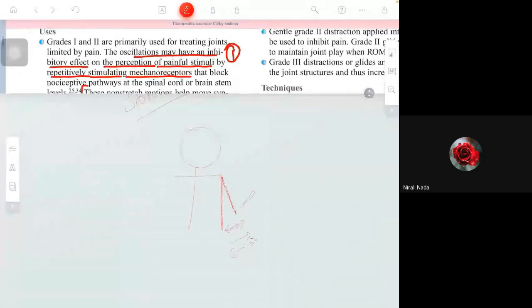Clear? Oscillatory movement you are doing repeatedly. What will happen when you move the joint repeatedly? Then fluid in the joint, that is synovial fluid, will move within the joint.